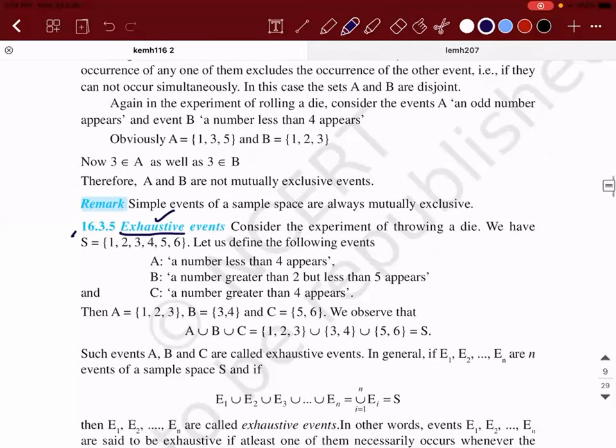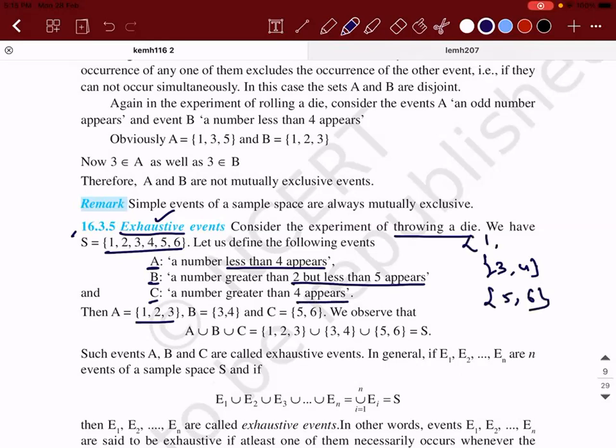See, for example, if you consider the experiment of throwing a die, then what is the sample space? 1, 2, 3, 4, 5, 6. Let me define an event A, where the event A says that the number that appears is less than 4. So less than 4 means 1, 2, 3 are the possible outcomes of that event. B is a number greater than 2 but less than 5, so the outcomes are 3, 4. Then C, a number greater than 4 appears: 5, 6. Now, if I take A and B, can I call them exhaustive events?